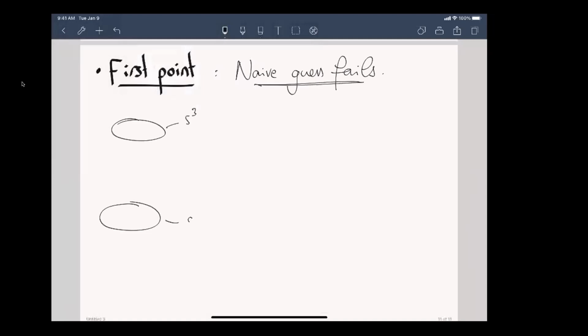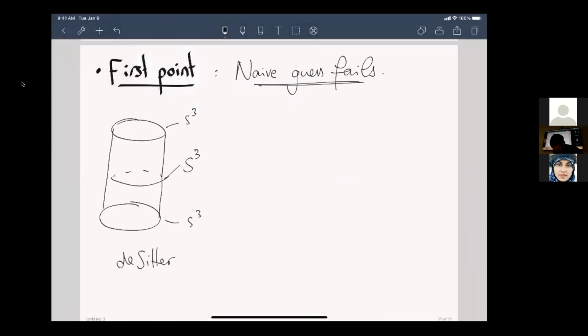This is the de Sitter space-time. So the Cauchy surfaces are all S3. This is de Sitter, a solution to the following equation, where lambda is positive.